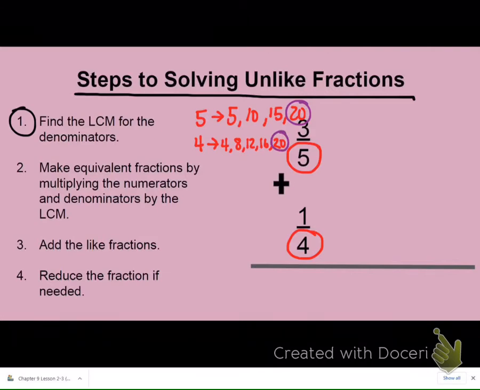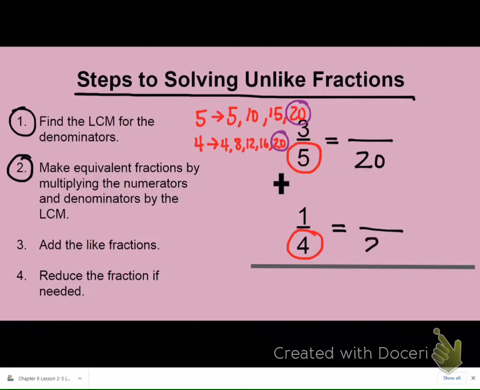So let's go ahead and make those like fractions. Step number 2, make equivalent fractions by multiplying the numerators and denominators by the same number to reach the LCM. All right, so let's go ahead and do that. Our LCM is going to be 20.